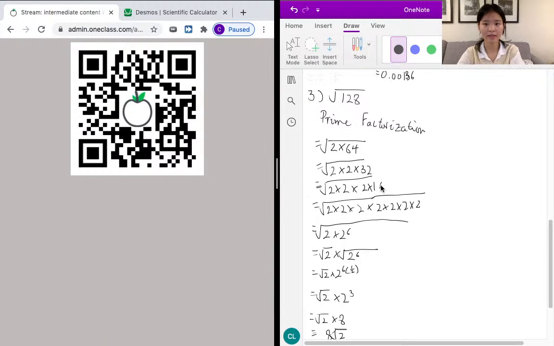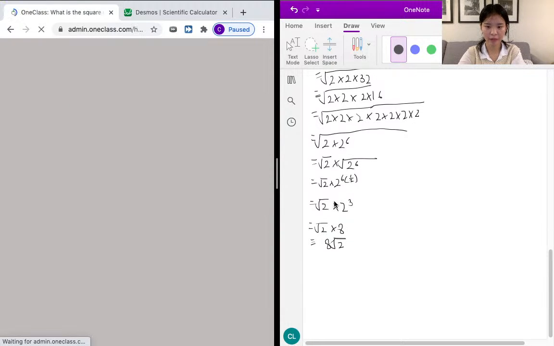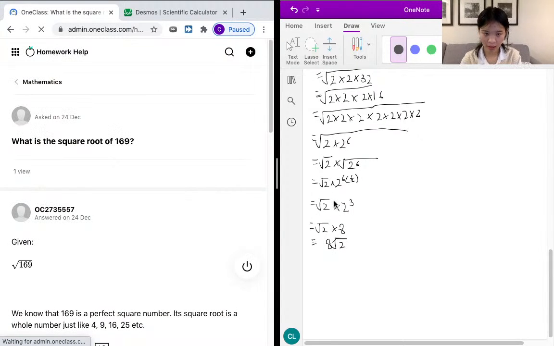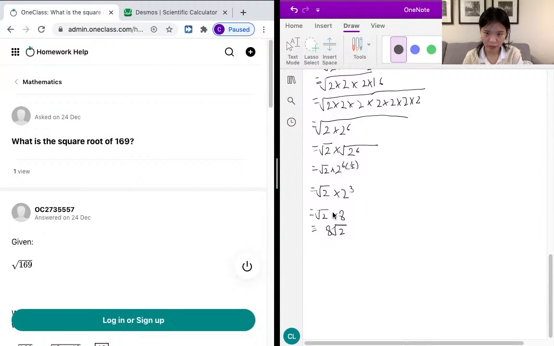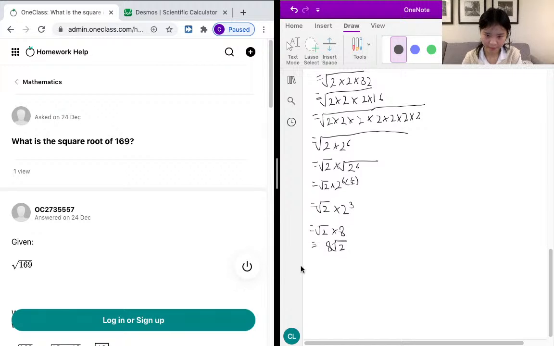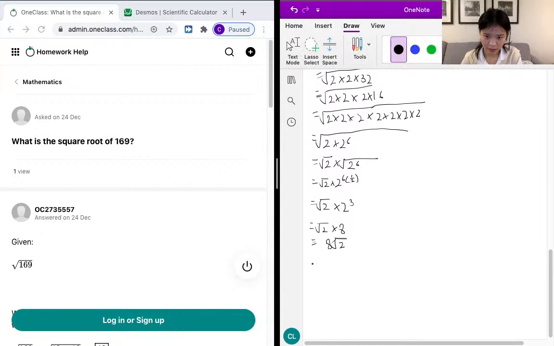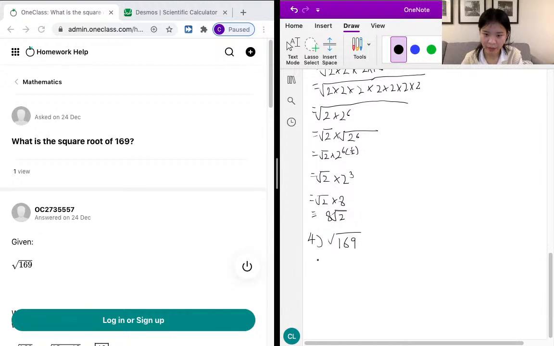Okay, now let's move on to our fourth problem, which is asking us the square root of 169. This is actually a quite straightforward problem because we know 169 is a perfect square.